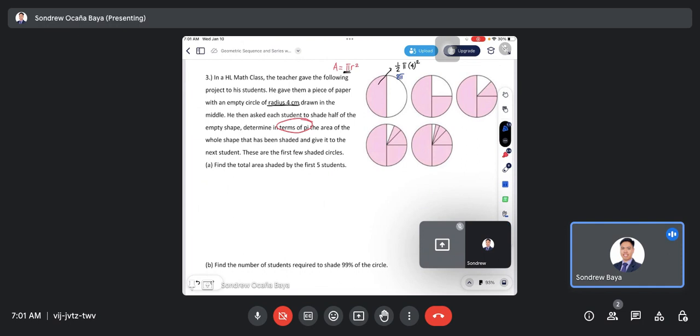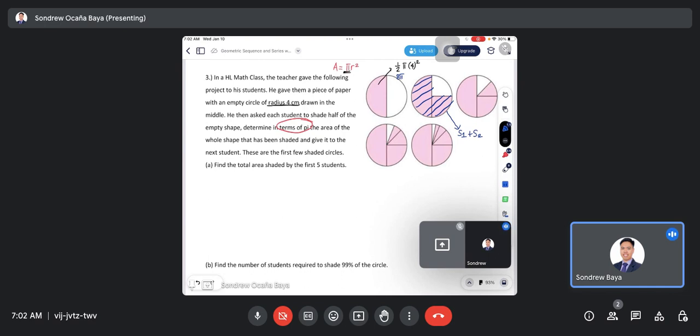Now what happens is this circle will be given to the second student, and then the second student will have to shade a portion of it. In other words, the total area shaded in the second circle, let's have it second circle, seems to be the work of student one, let me call it S1, plus S2. So this is now the total area shaded by student 1 and student 2.